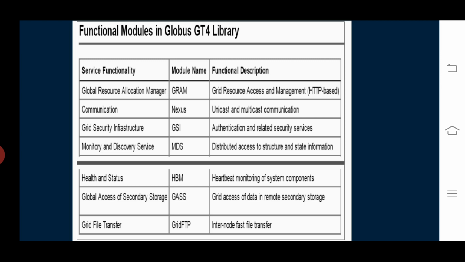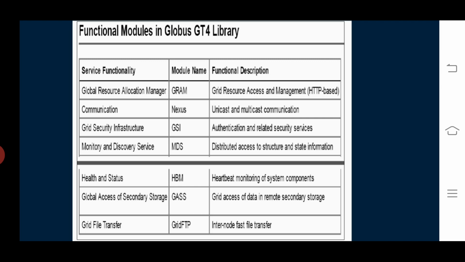Now coming to the global access of secondary storage. What is the module name of global access of secondary storage? GAS, that is nothing but gas. We want to access grid data in a remote secondary storage.